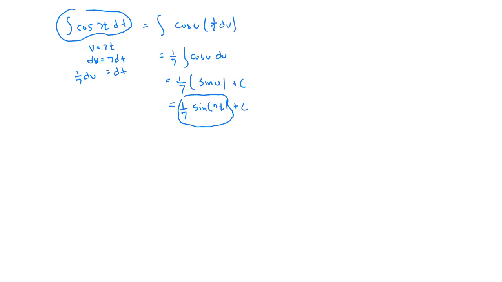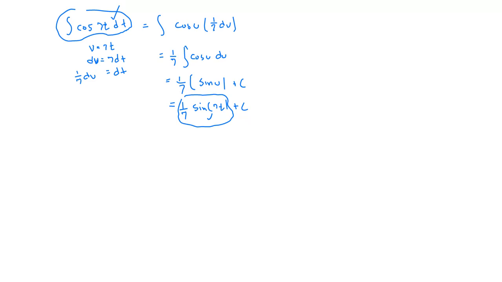So pretty soon, you're going to be able to look at something like the integral of cosine of 7t dt and know that the antiderivative is sine of 7t over 7. You're not going to have to go through this substitution that I did. But that's just a quick justification.